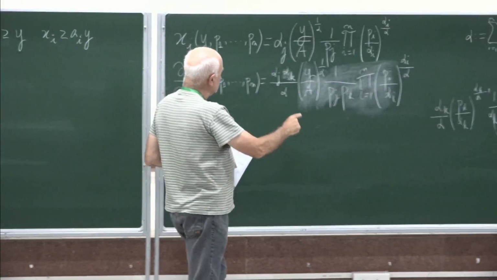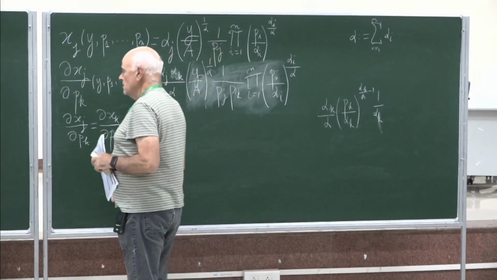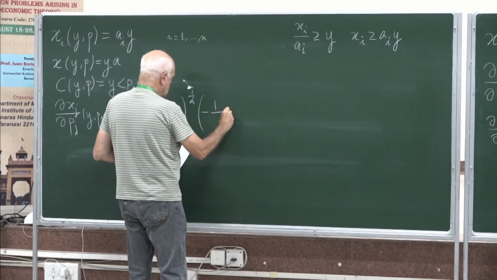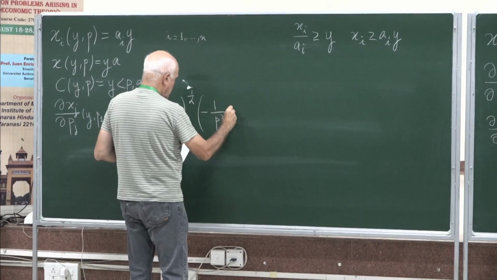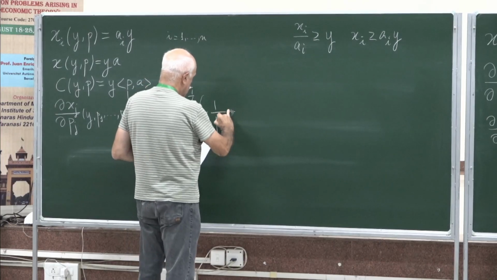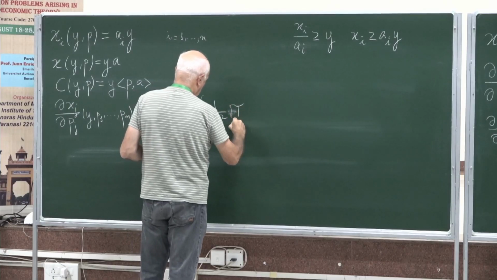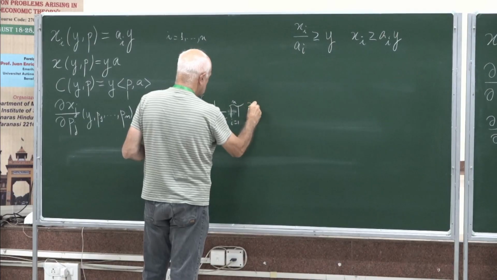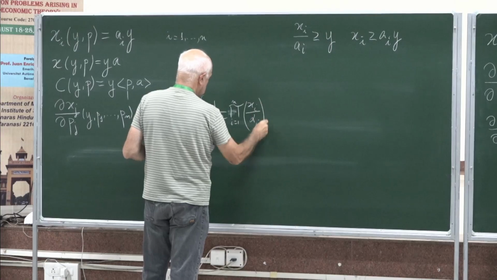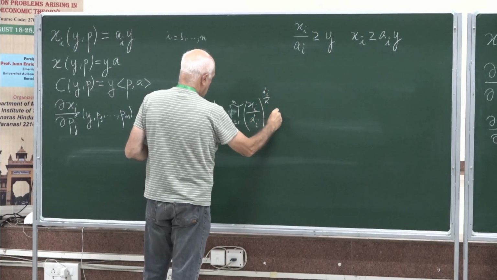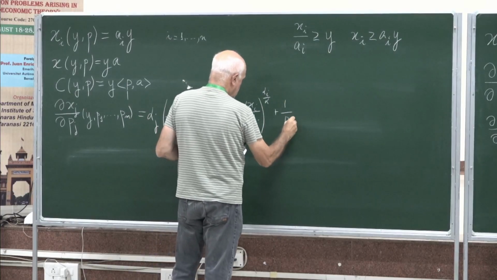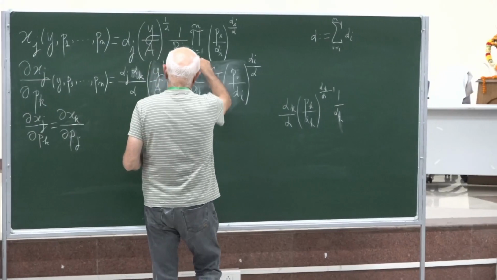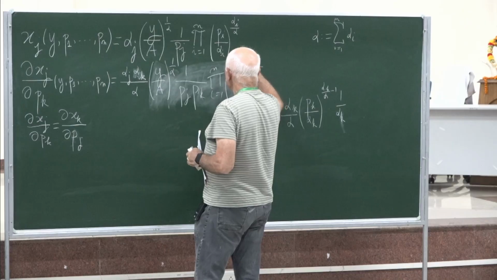And then I have to take the derivative of this product, which gives minus 1 over p_j squared times the product, plus 1 over p_j times the derivative of this, which we have done many times.